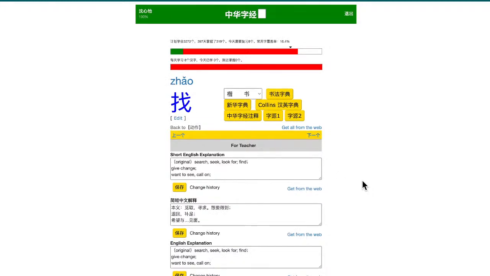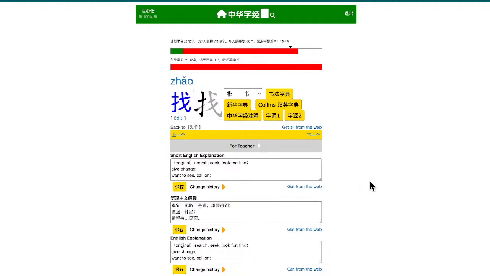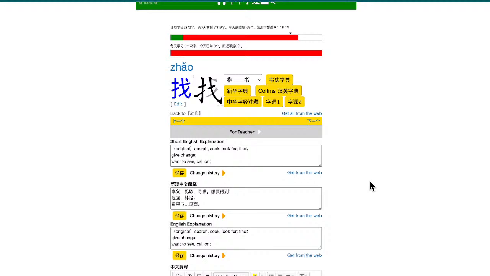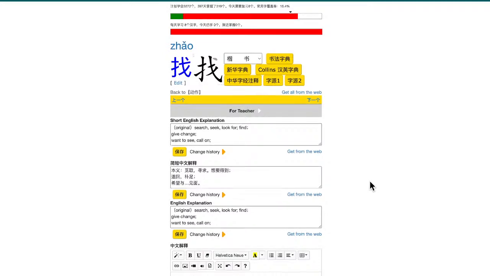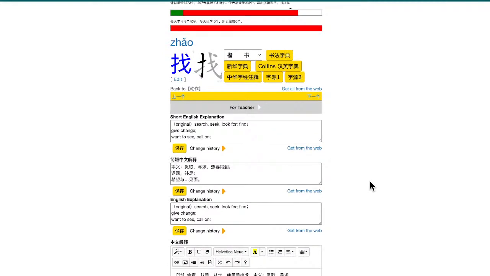Next one, 找. 找 originally means search, seek, look for, or find. Now, there are other meanings.